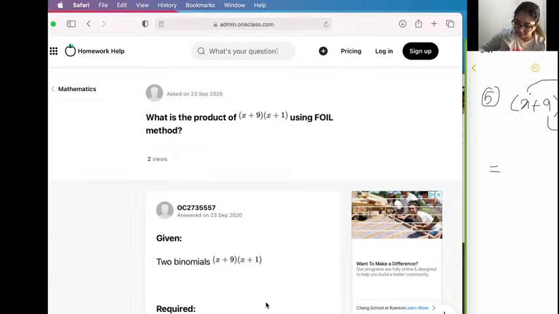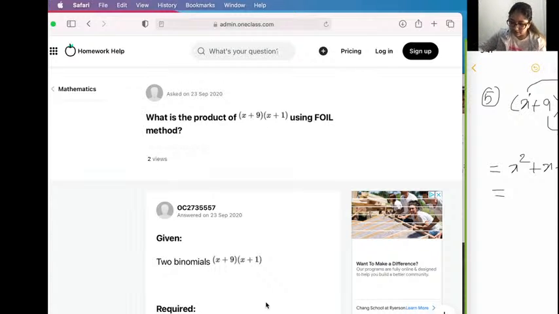So 1 plus 1 would be 2, and we get x squared. Then x times 1 is just x, because a number times 1 is just itself. Then for the second term, 9 times x would be 9x, and 9 times 1 is 9.